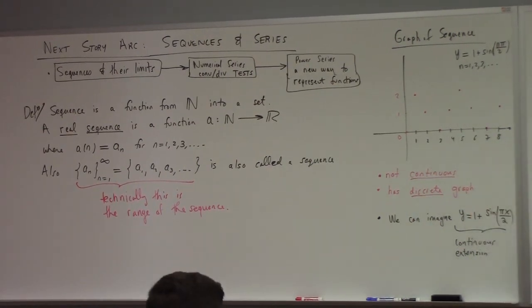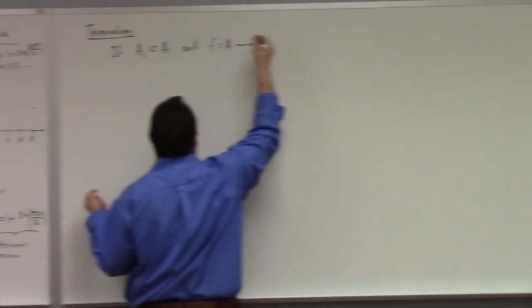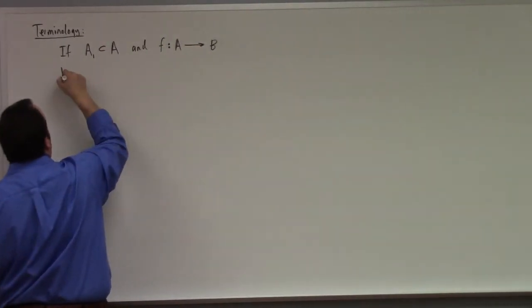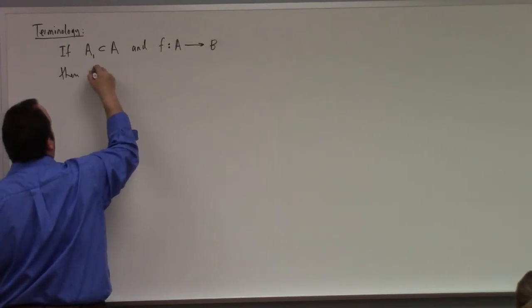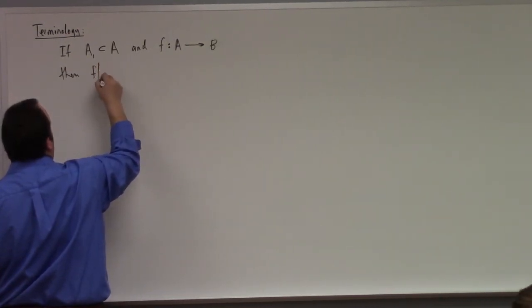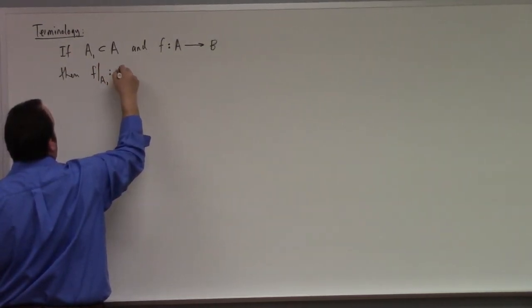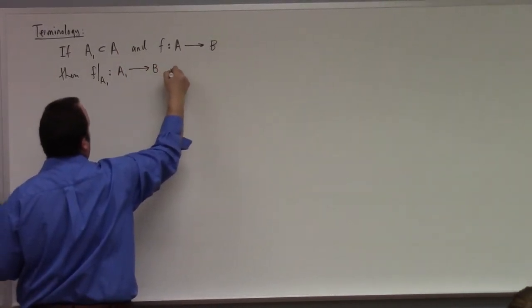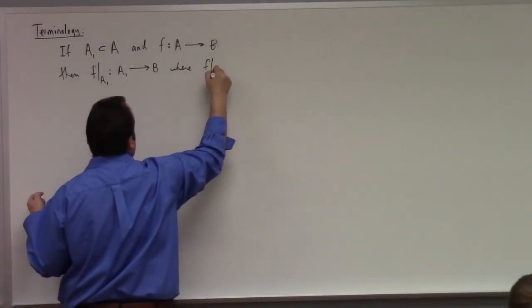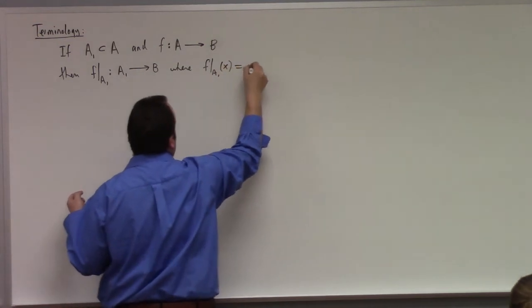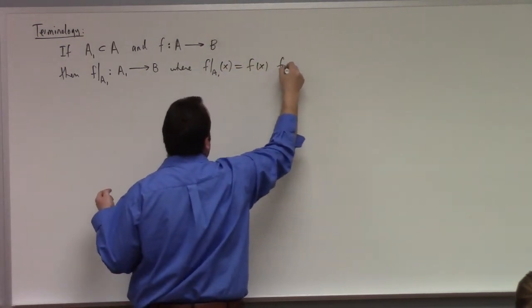I should probably put a B over here, since I'm trying to be a little bit general. For a function from A to B, f restricted to A1 is a mapping from A1 to B, where f restricted to A1 of x is just equal to f of x for x in A1.